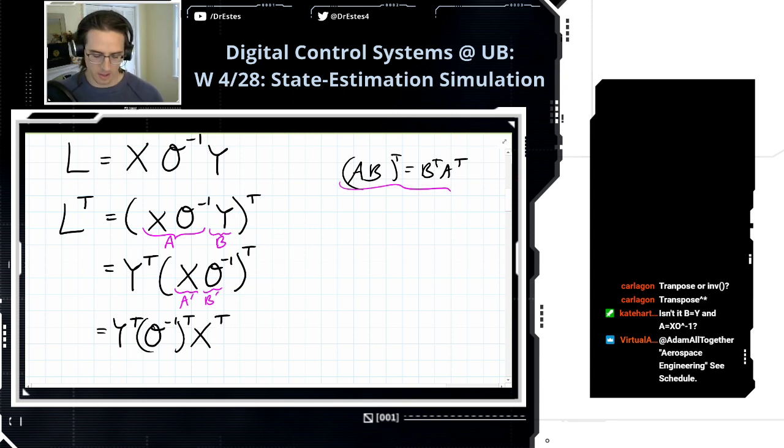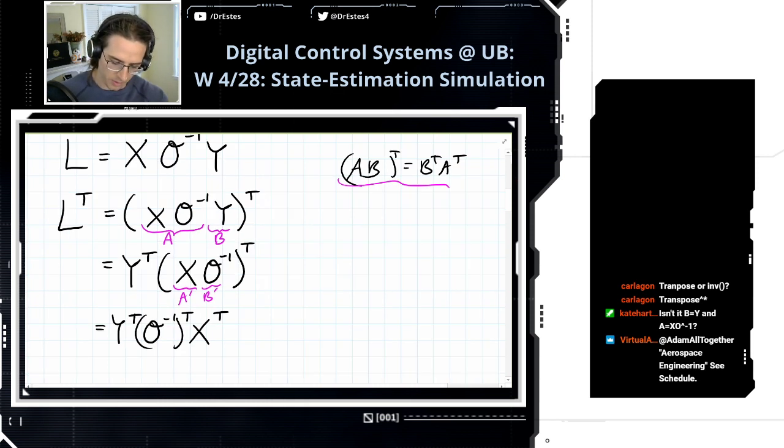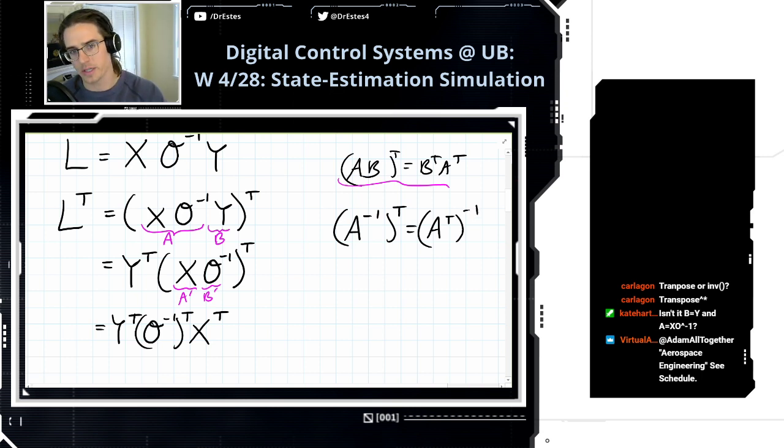Okay, here's another property that we're going to use here. If you take the transpose of the inverse of a matrix, that's the same as taking the inverse of the transpose.